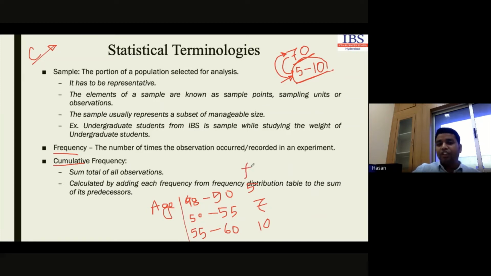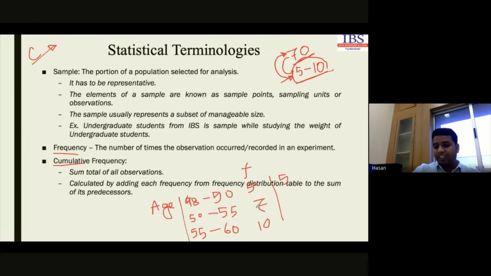If we are going to calculate the cumulative frequency, what is it? The total sum. How do we compute it? It is the current frequency plus the immediate predecessor. For the first age category there is no predecessor, so the cumulative frequency will be 5.